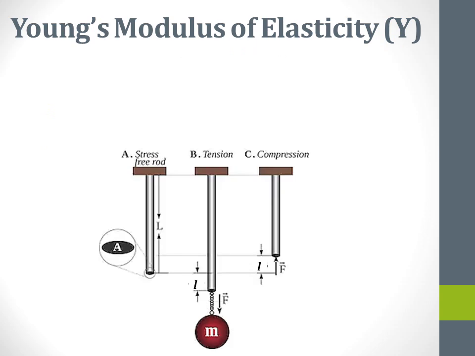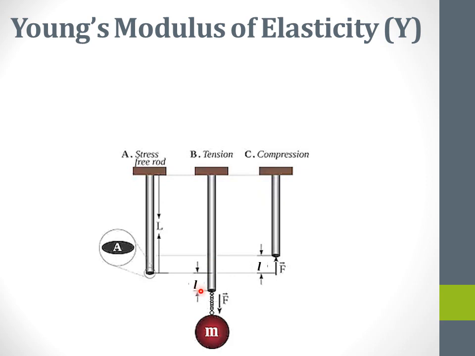Let us consider a wire of length L and area of cross section A. The area of cross section is present here. Let one end of the wire be fixed and let the other end be free and loaded with a mass M. The wire, on being loaded, undergoes an elongation and is stretched by a length small l.